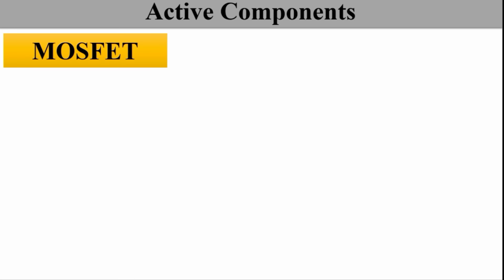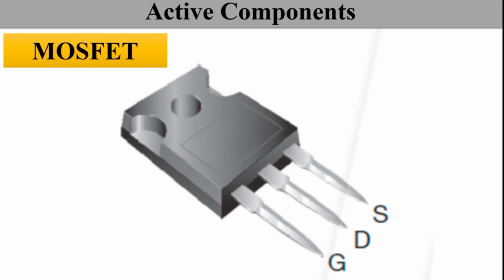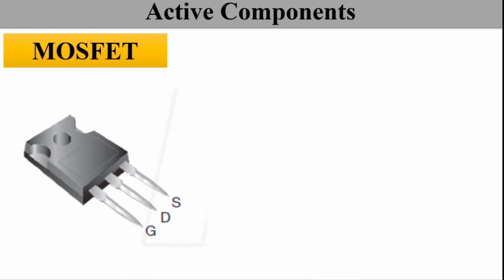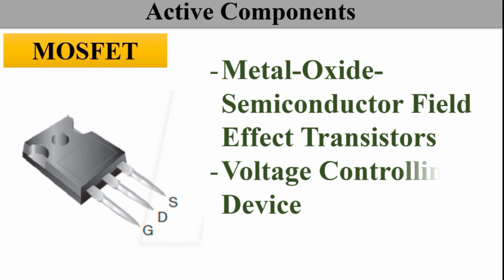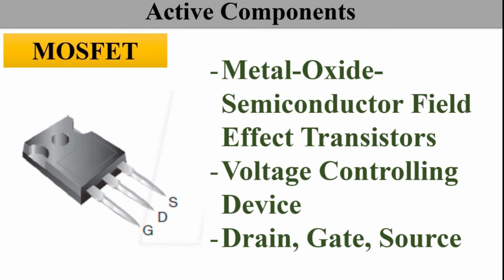Let's move to the 4th component, which is the MOSFET. As we have seen, the MOSFET is a type of FET. It is a metal oxide semiconductor field effect transistor. It is also a voltage controlling device and also has 3 terminals, which are drain, gate and source.